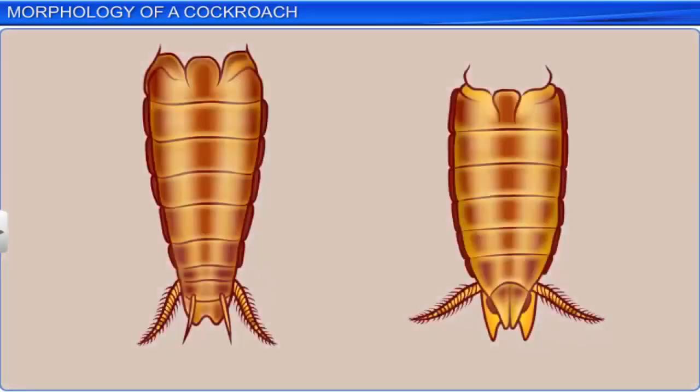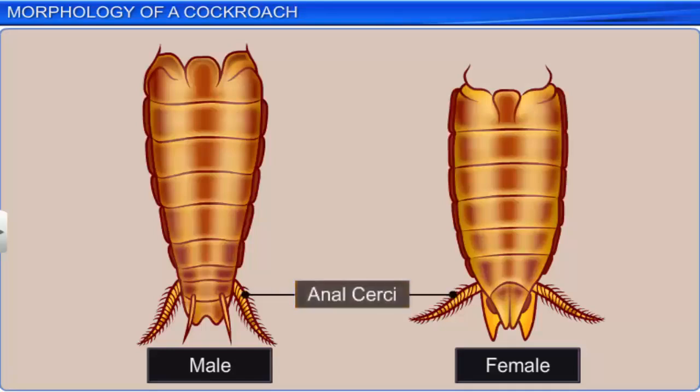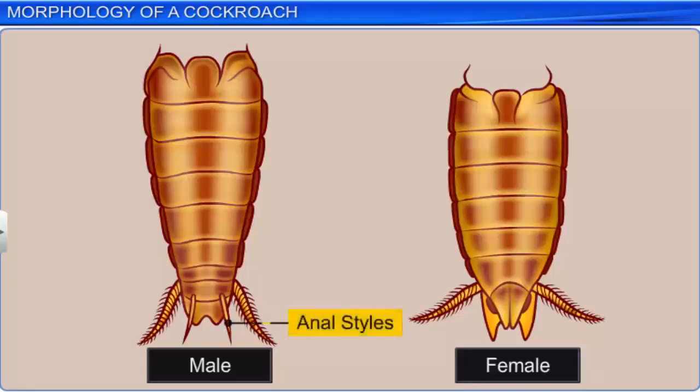The 10th segment of both male and female cockroaches bears a pair of jointed filamentous anal cerci that function as sense organs. Additionally, male cockroaches bear a pair of short anal styles which are absent in females. These features help distinguish between a male and a female cockroach.